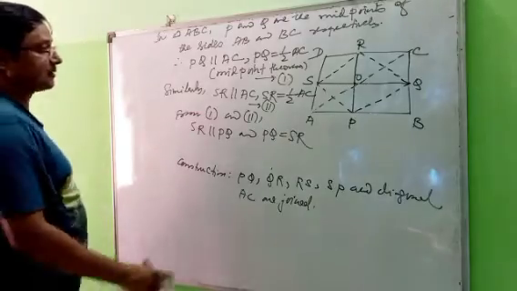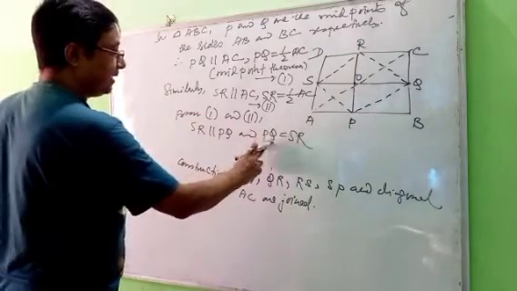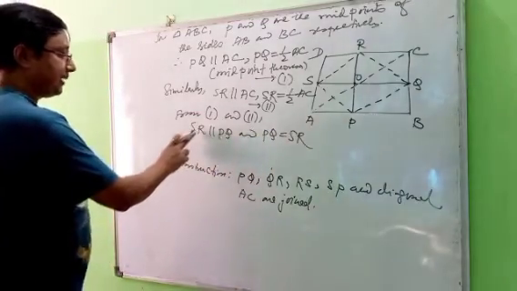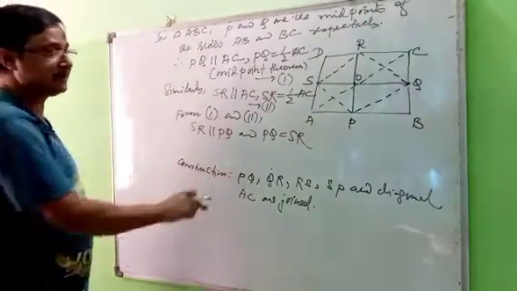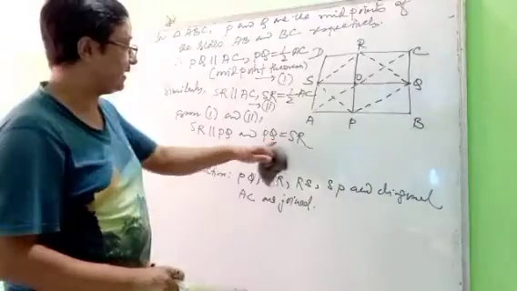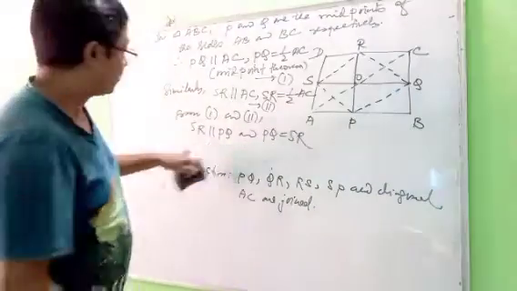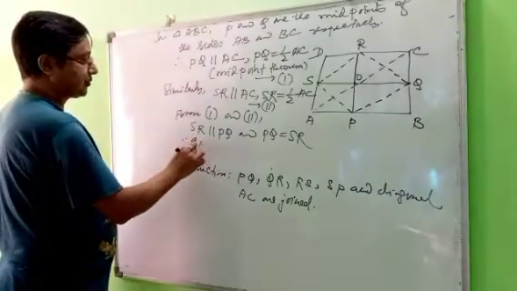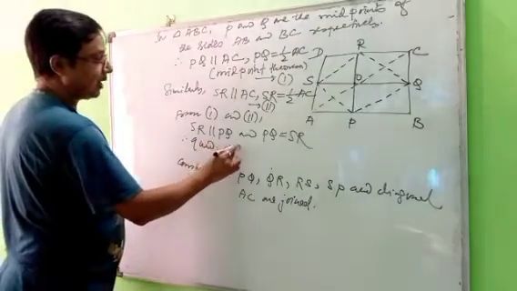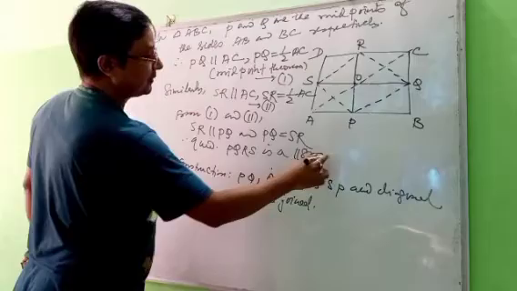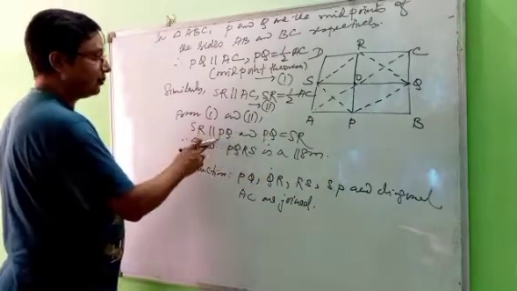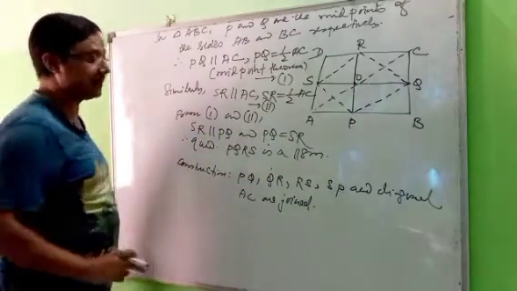Now you see the same pair of opposite sides, PQ, SR. Once it is equal, next it is parallel. That means the same pair of opposite sides equal as well as parallel. So therefore, quadrilateral PQRS is a parallelogram because the same pair of opposite sides are equal as well as parallel.